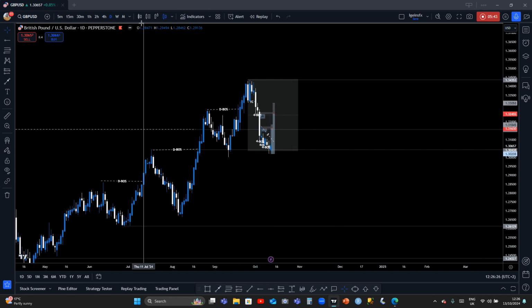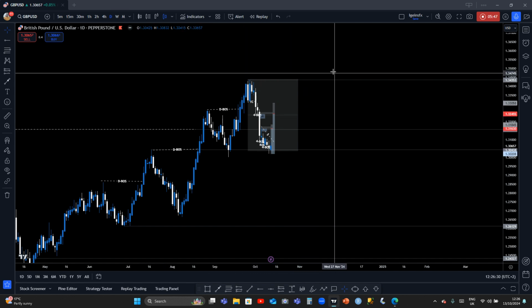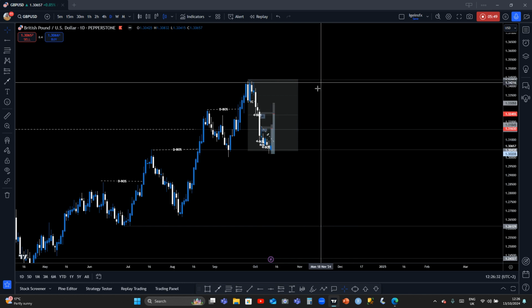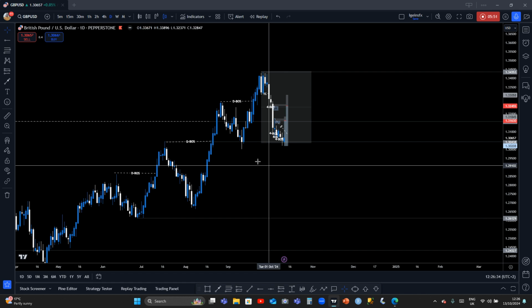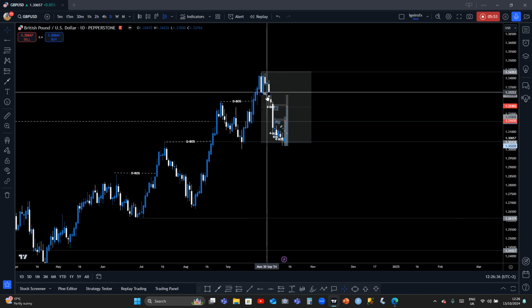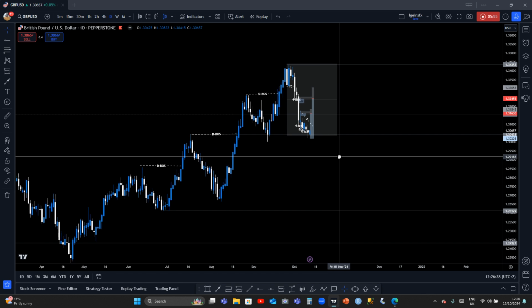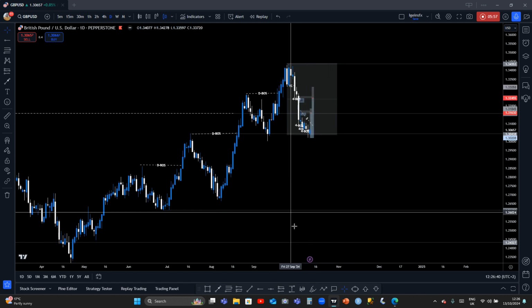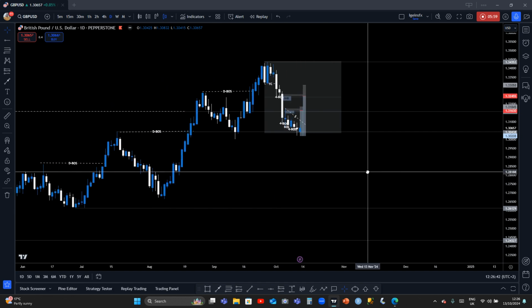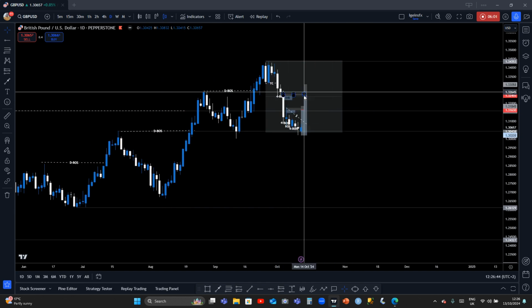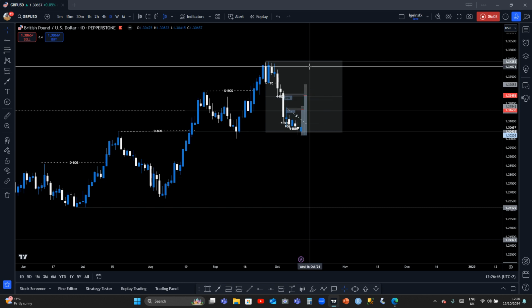Remember that in the monthly time frame, we are still pushing up. That is a pullback. And right now, the daily is still pushing down. If you see it clearly, you discover that it's getting ready to start pushing up.